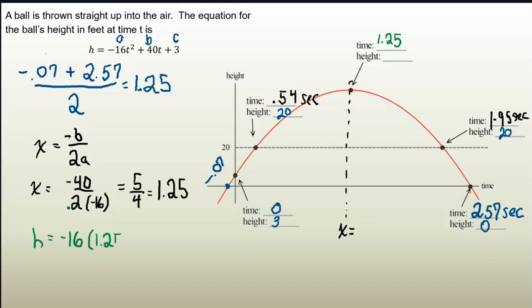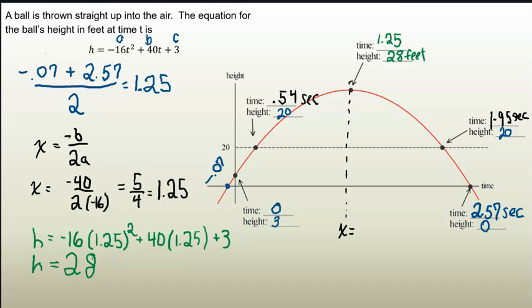That means when you add an input, which in this case is time, you will get an output. And in doing so, I will be able to get the maximum height of my ball. Let's see what the calculator has to say. So my calculator says that my object went 28 feet high.